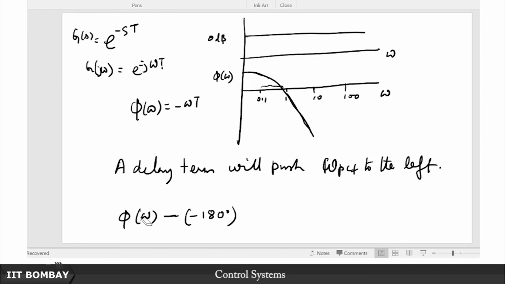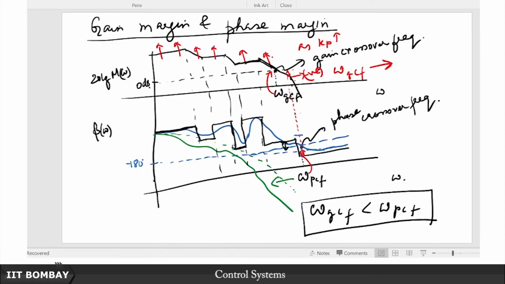This phase is obviously going to be some negative angle, because of the convention we have adopted here, so phi is going to be a negative angle. So how far you are from this 180 degrees at the point when the gain crossover happens, that is the amount of phase lag that you can still tolerate.